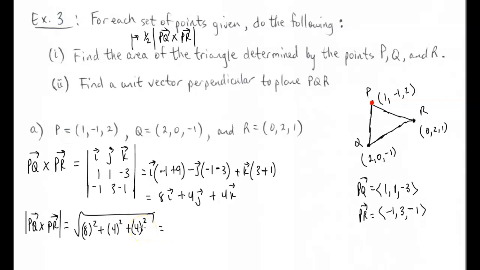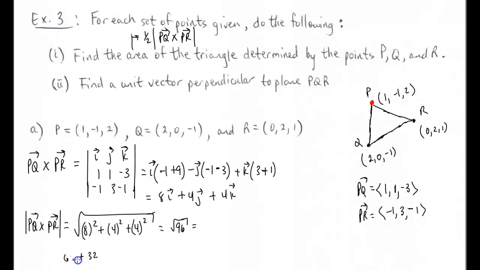And that will be basically 64 plus 16 plus 16. 16 plus 16 is 32. So 64 plus 32, that will give us 96. So this will be square root of 96 here.